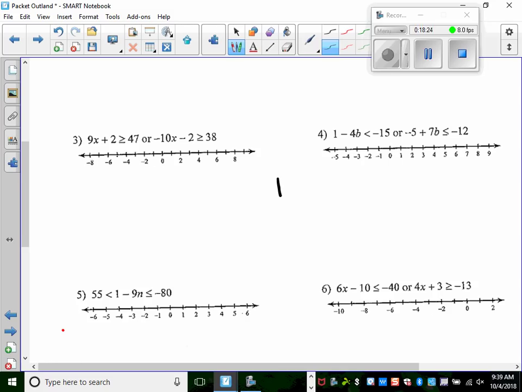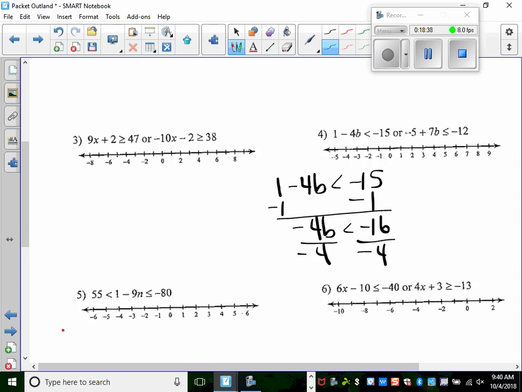All right, so I'm going to have 1 minus 4b is less than -15. So when I solve this, I'm going to subtract 1. So -4b is less than -16. Divide by -4, so I reverse the symbol. So I'm going to have b is greater than 4.